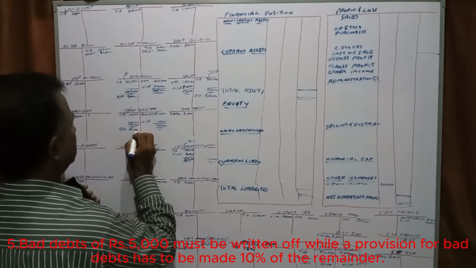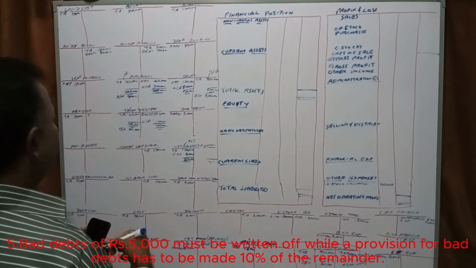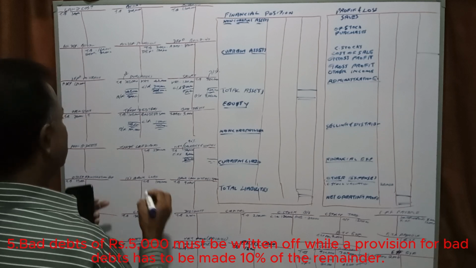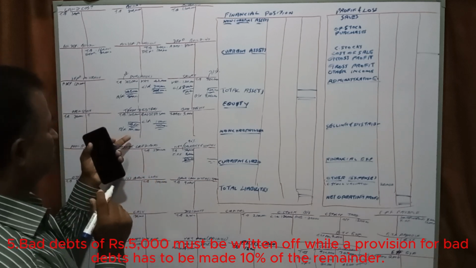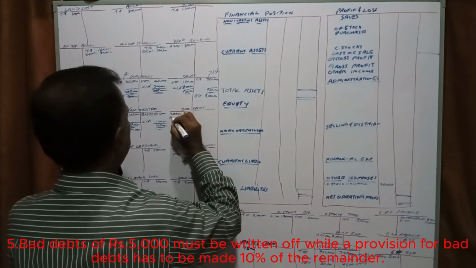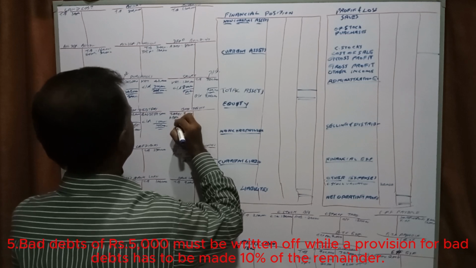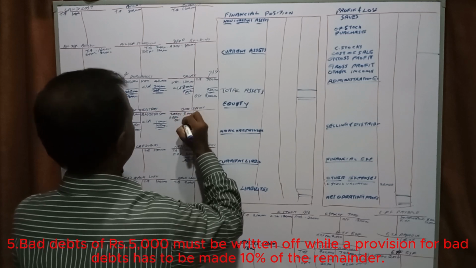In the 100,000, 10% is the provision. 10% of 100,000 is 10,000.